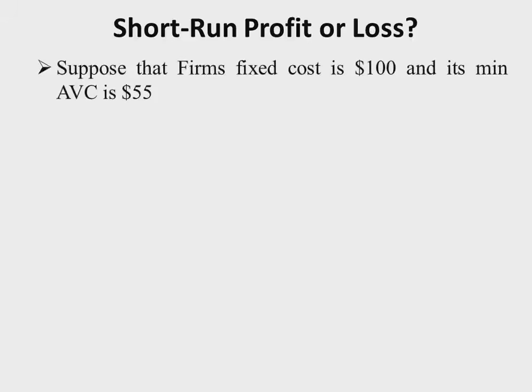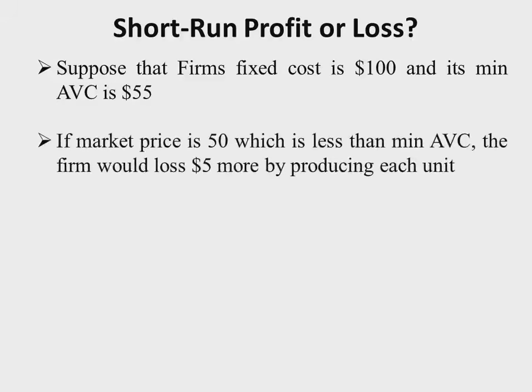Okay, so now suppose that the firm's fixed cost is $100 and its minimum average variable cost is $55. If the market price is $50, you will see that this $50 is less than the minimum average variable cost, and as such the firm will be losing $5 more by producing each unit.